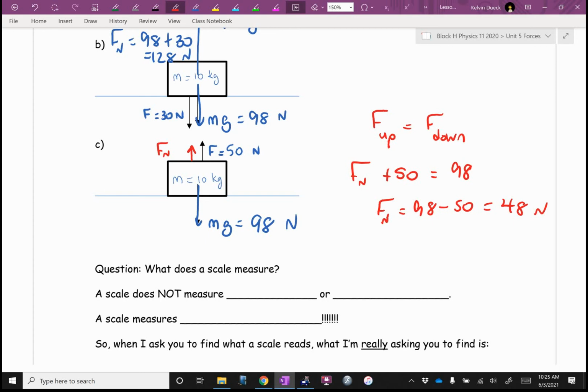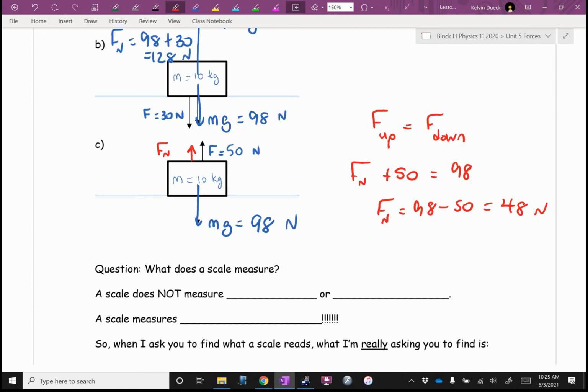No. What force has changed? What's the fancy name for how hard the ground has to push up? So, what does a scale measure, everybody? Normal force. So on a test, when I ask you to tell me what a scale reads, what force are you going to find in your free body diagram? Normal force.